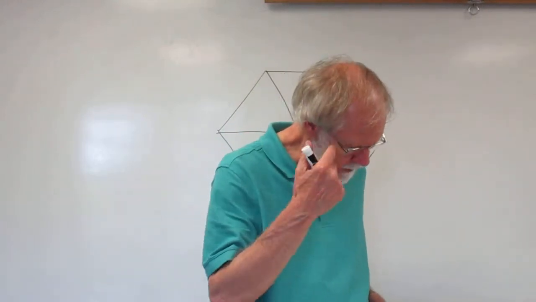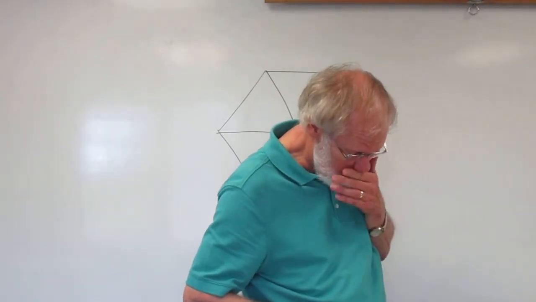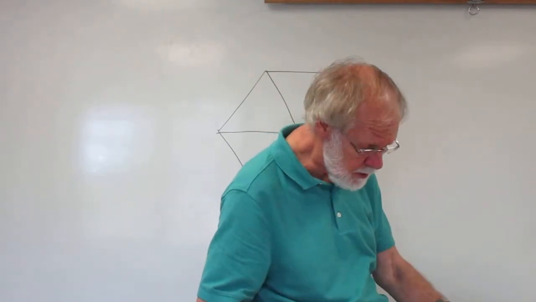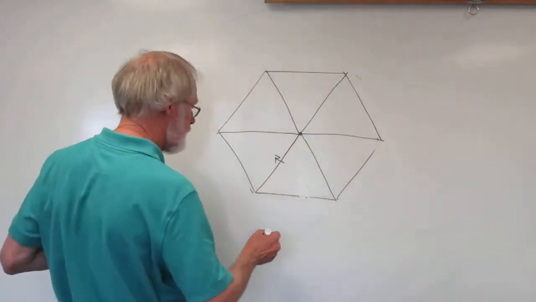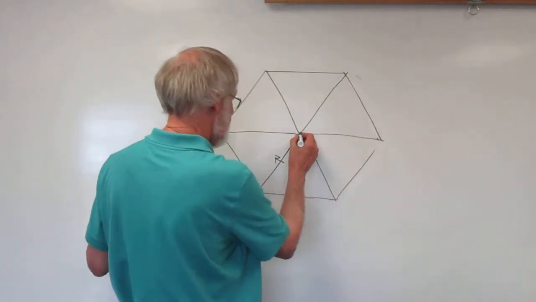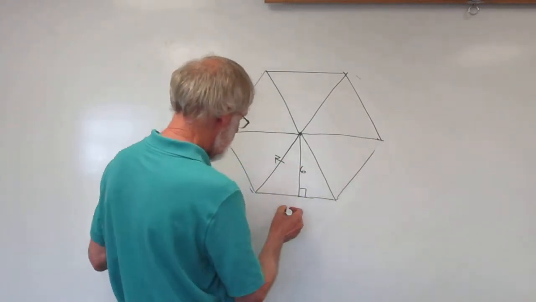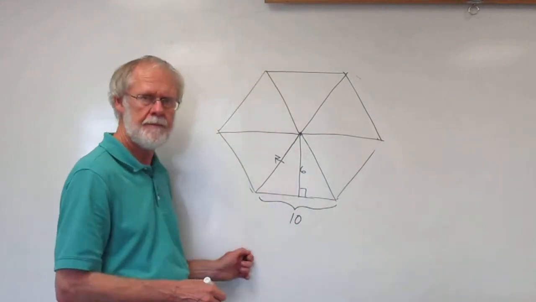Let's find the perimeter. Let's just make one up here. Let's say that the apothem is 6, and that a side length is 10.